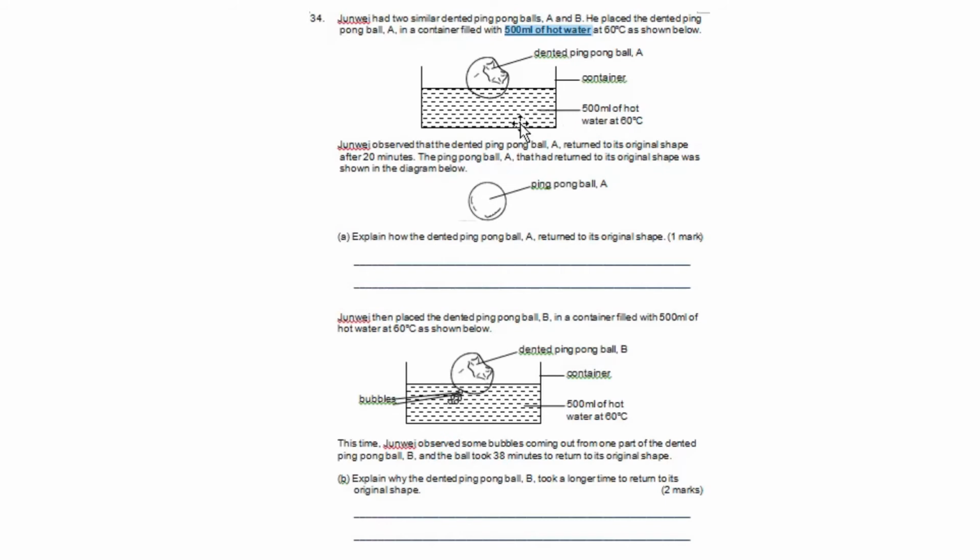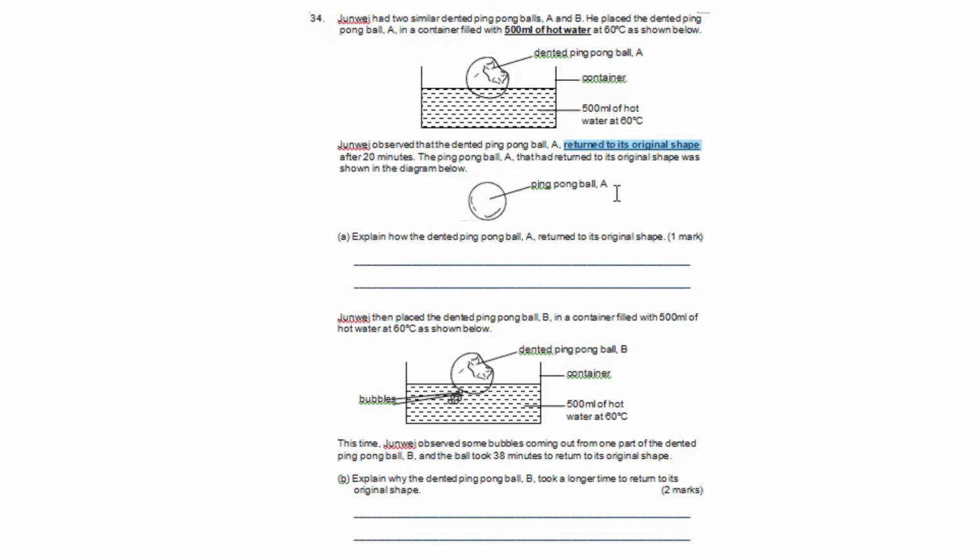Then he realized that the dented ping pong ball returned to its original shape. So something is causing this dented ping pong ball to go back to the original shape when I put it in a container of hot water after 20 minutes.